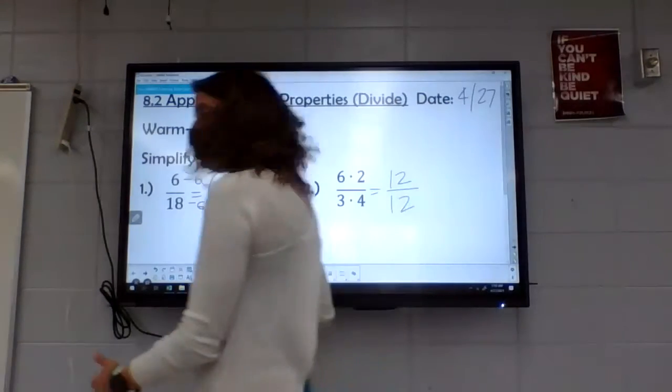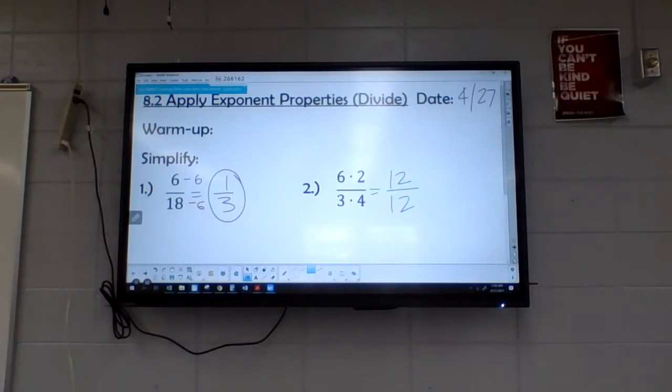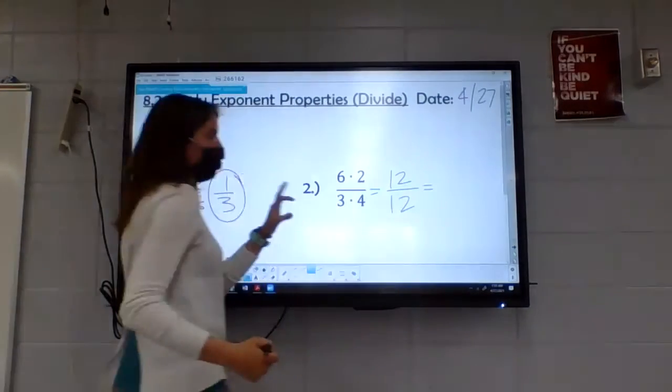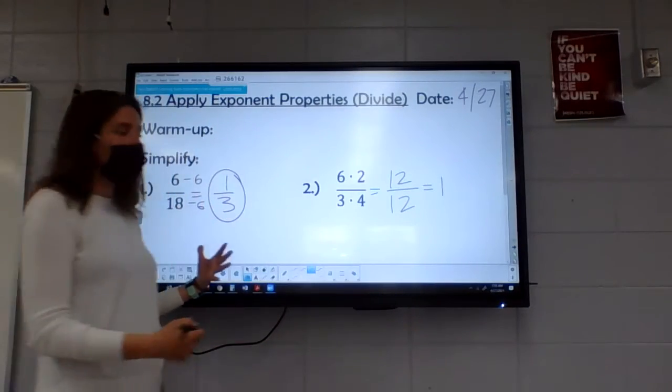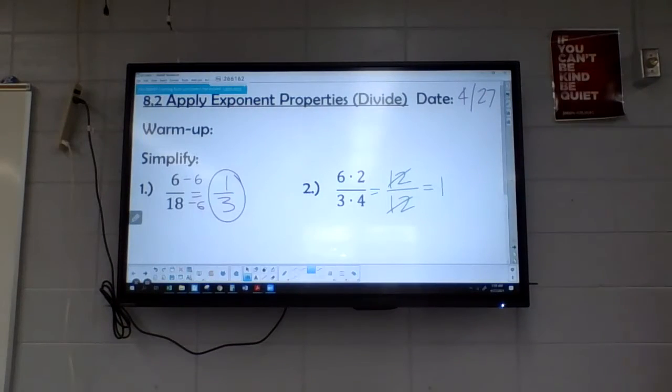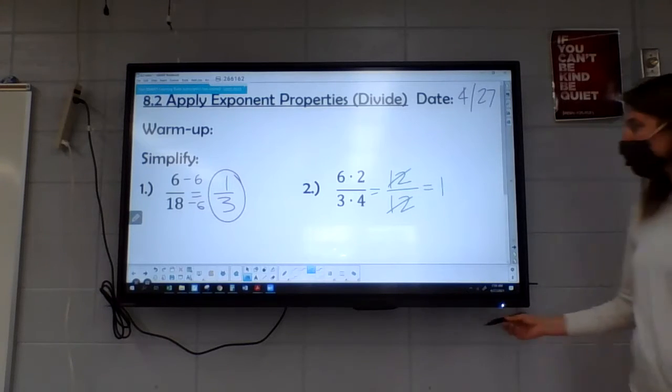What happens when we have a fraction with the same number on the top and the bottom? It just becomes 1. They cancel, but they cancel to be 1. The reason is I can divide them both by 12. A lot of times people cross them out, but they don't equal 0, they equal 1. They simplify to be 1 over 1, or just the value of 1.